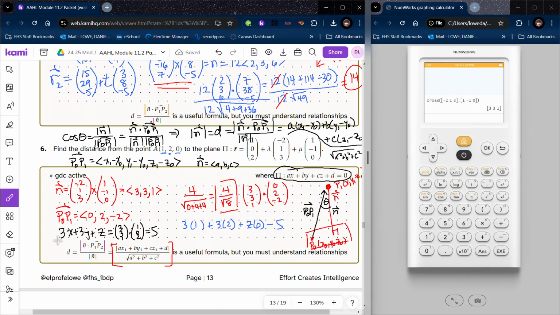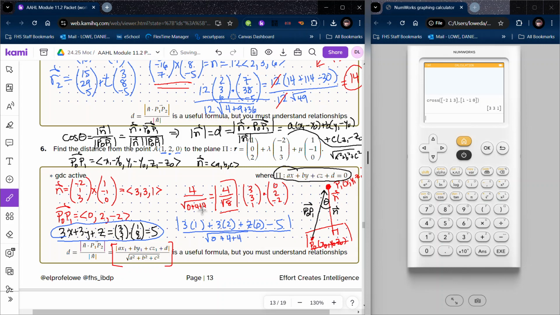If I took this equation and set it equal to 0, I'd have 3x plus 3y plus z minus 5. So I'm going to have the magnitude of that all over the square root of 0 plus 4 plus 4.